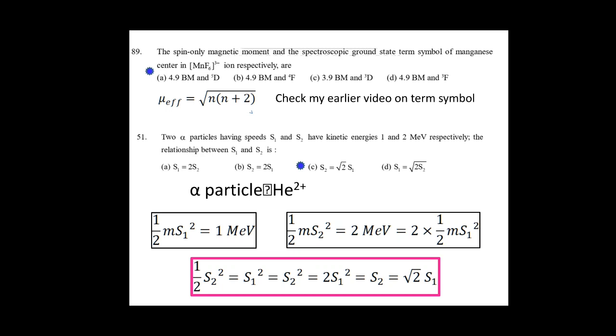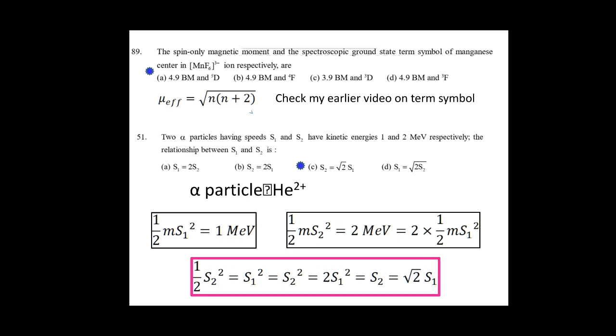Now the important thing to note here is that manganese is a d4 ion. A d4 ion can be high spin or low spin. So you need to see that fluoride is basically considered a weak field ligand. So the manganese complex should be a high spin compound.